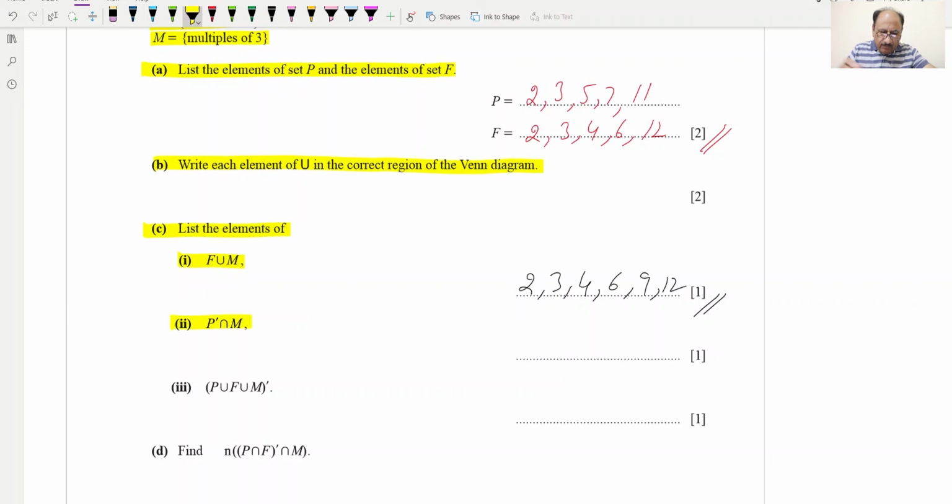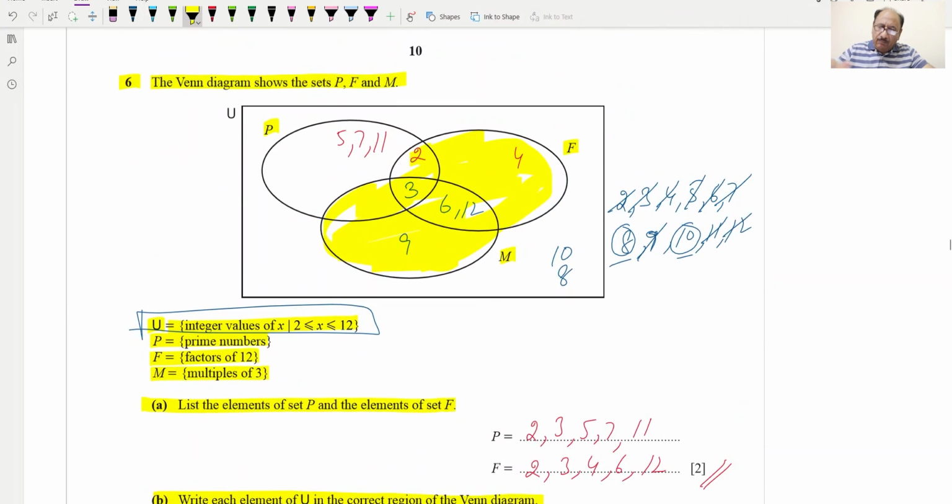Then they are saying P complement intersection M. P complement is whatever is outside P, which will be this whole region, and intersection with M. So what is common with M will be only this part, basically this part and this part.